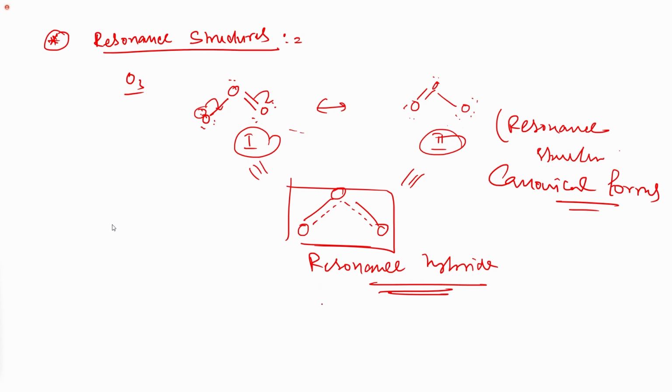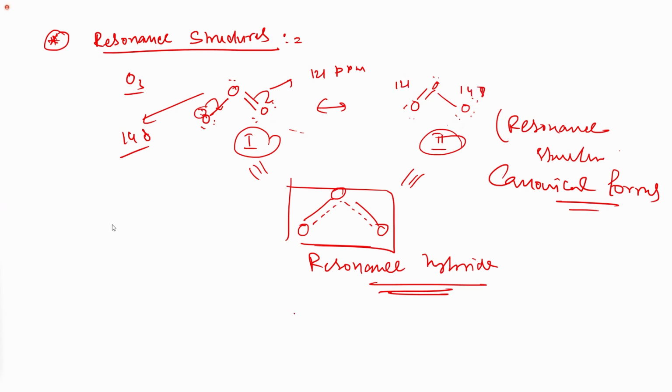Now the question is, theoretically, this ozone bond length is 148 pm, and this bond length is 121 pm. Similarly, that one is 121 pm and this is 148.